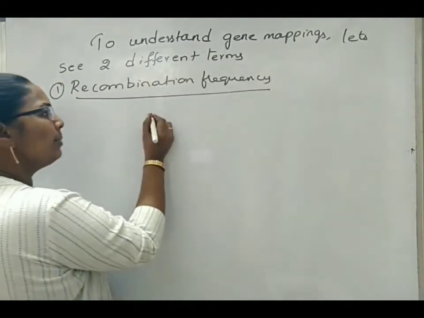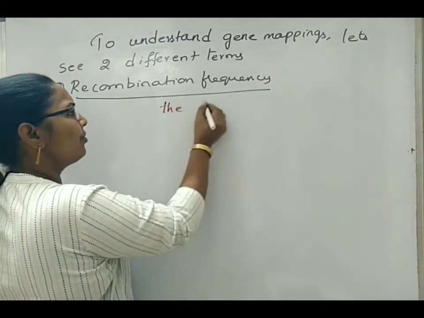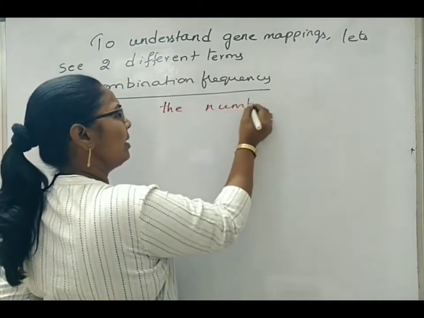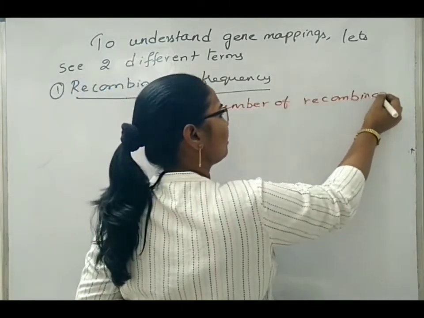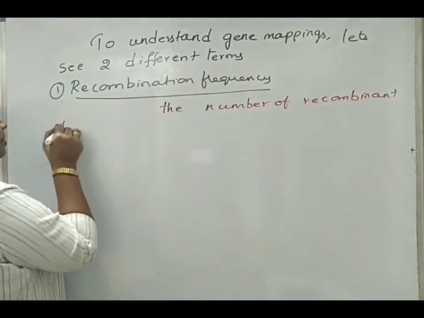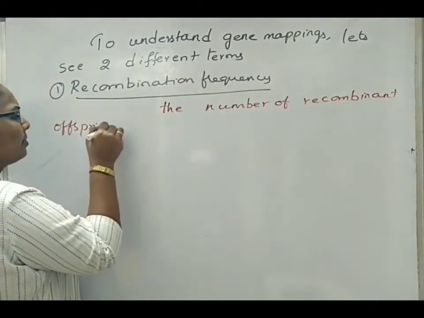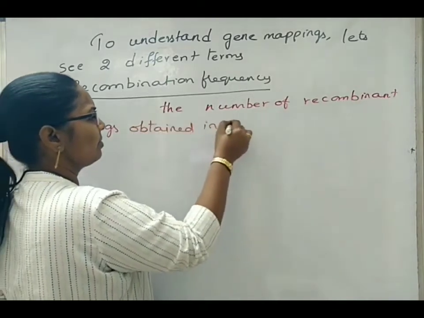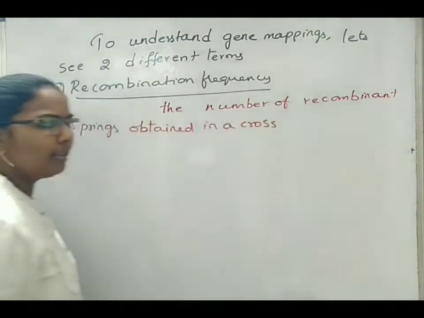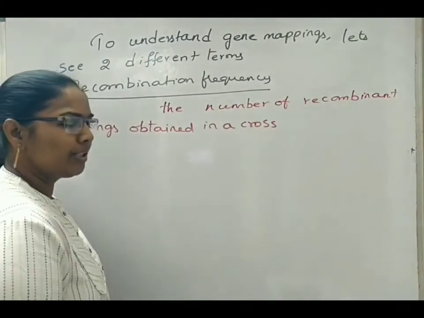Recombination frequency can be defined as the number of recombinant offsprings obtained in a cross. So we can define recombination frequency like this.